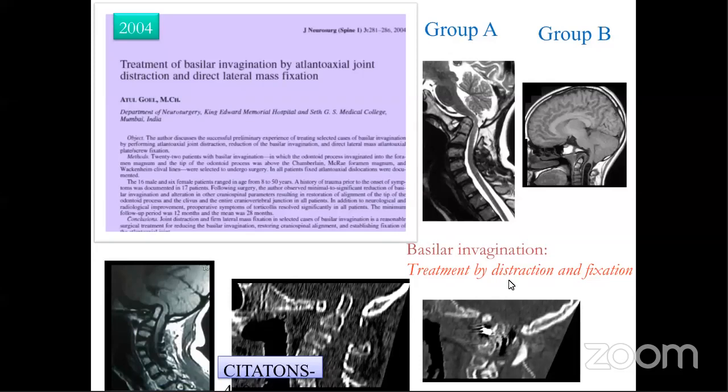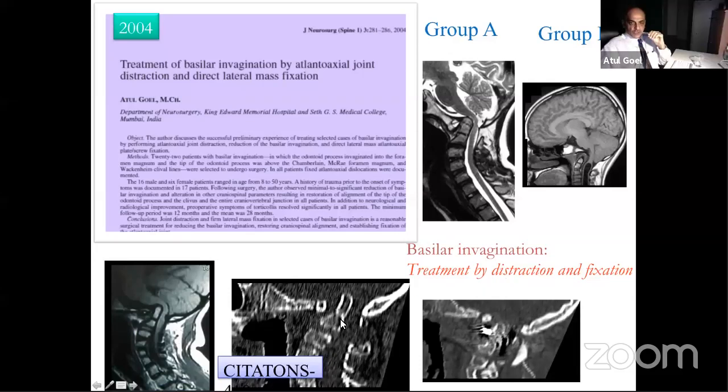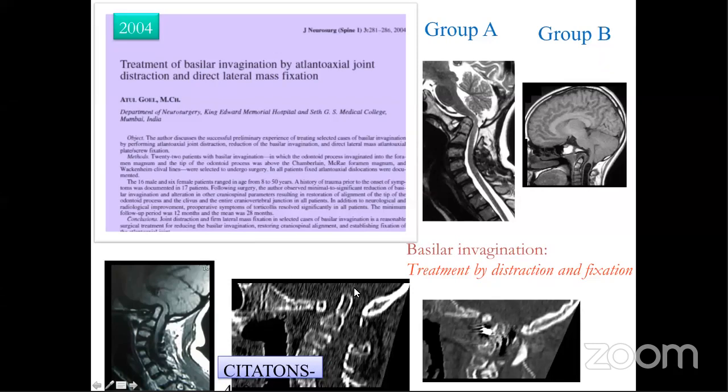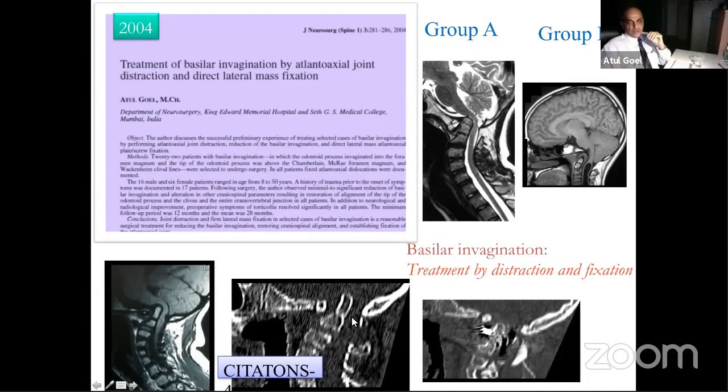Craniovertebral junction, because we are in a standing human position, the muscles of the craniovertebral junction become weak and the odontoid process goes up. And this goes up because of an unstable craniovertebral junction.